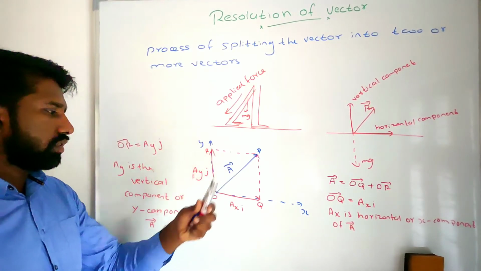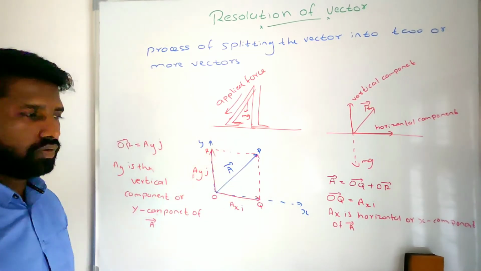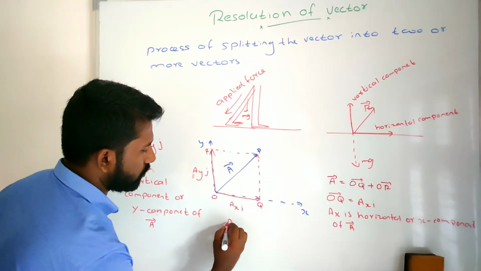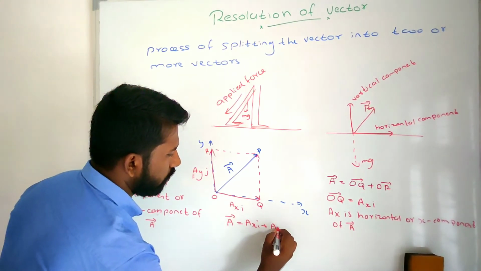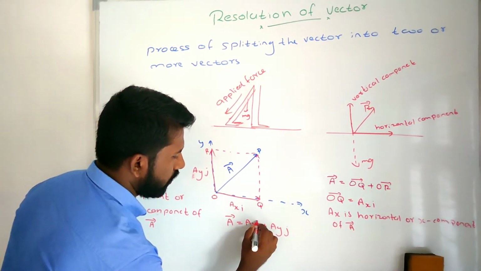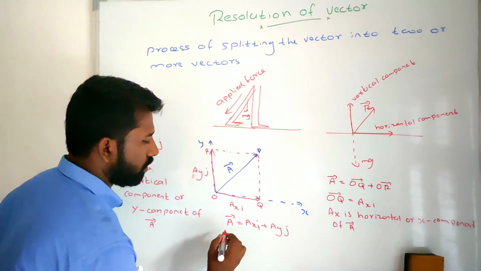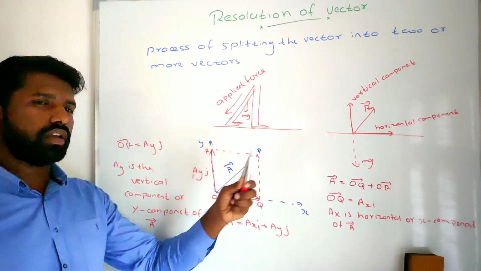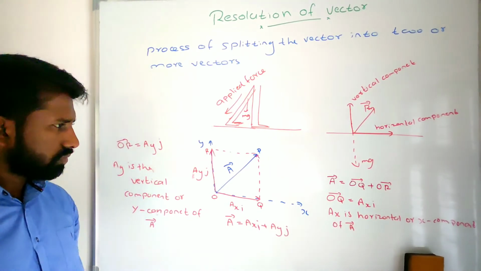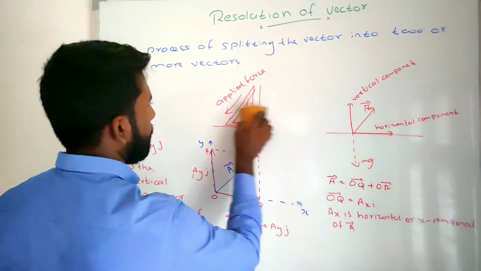Okay. This is the thing. So from this, what can I write? The A vector is equal to AX i plus AY j. This i and j are the unit vectors acting along the X and Y. Okay, clear? Now we will see.